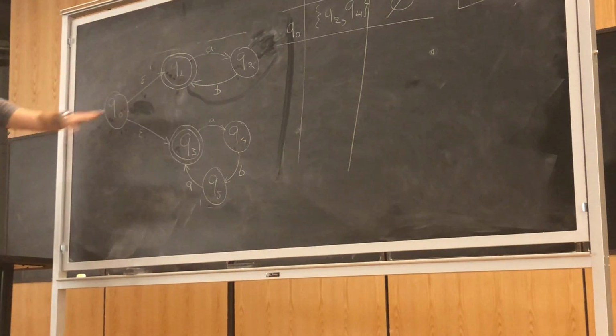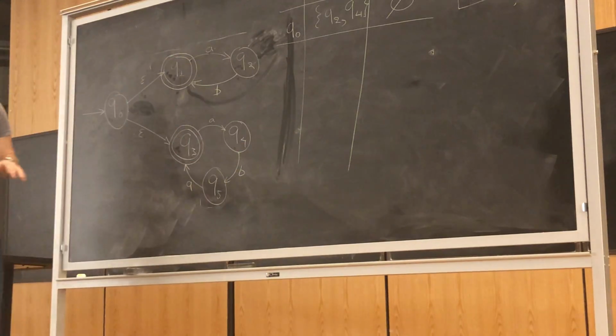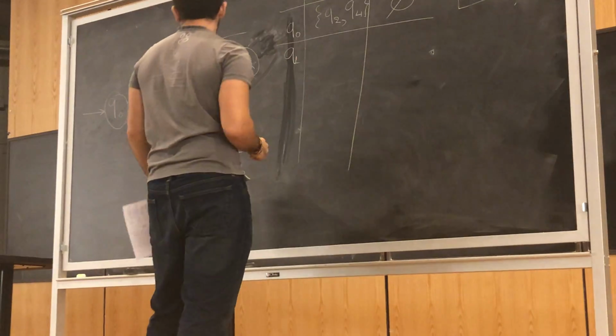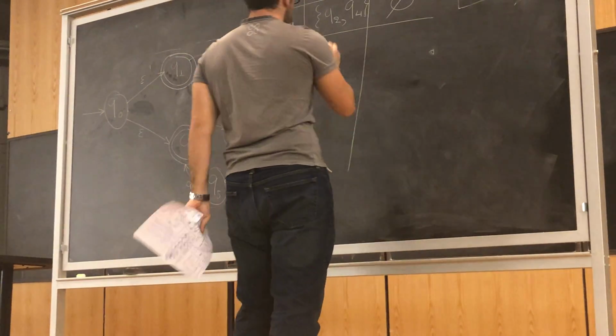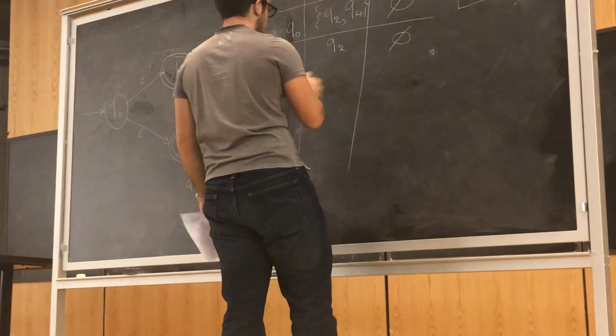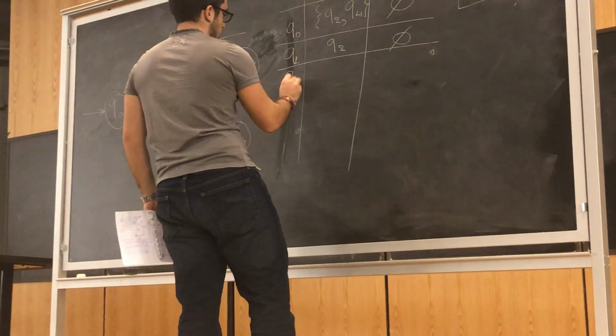So whichever state I see here, I need to have it in my column of states. So the next one will be Q1. Let's do this a little faster. From Q1 with an A, I can go to Q2. From Q1 with a B, I can't go anywhere. From Q2 with an A, I can go nowhere.